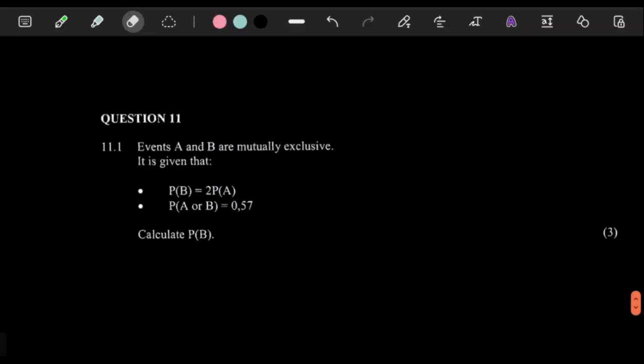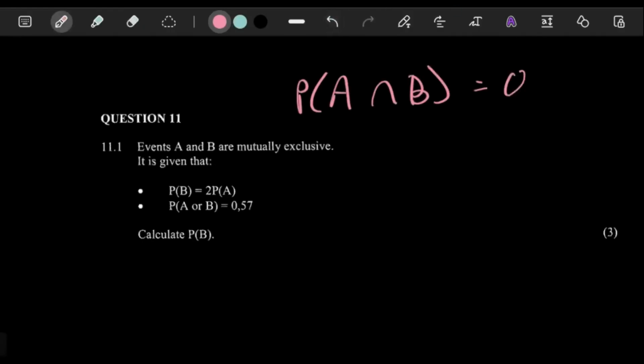Question 11 says events A and B are mutually exclusive. As long as events are mutually exclusive, it means the probability of A and B is equal to 0.